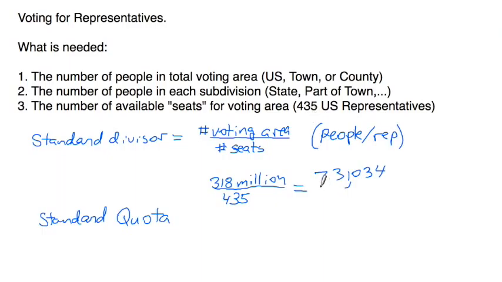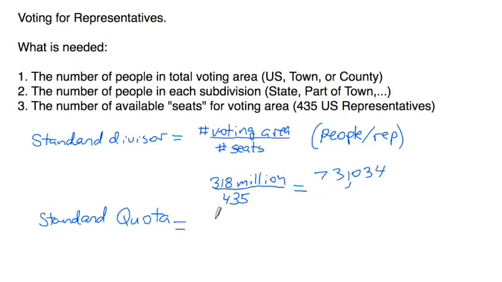We're going to have a hard time coming up with an exact number. Like if one representative represents this many people, then two would represent 1,400,000. You'd have to find a state that was exactly 1,400,000 so that they would exactly get two representatives. That doesn't always happen. So it's a messy calculation after this.